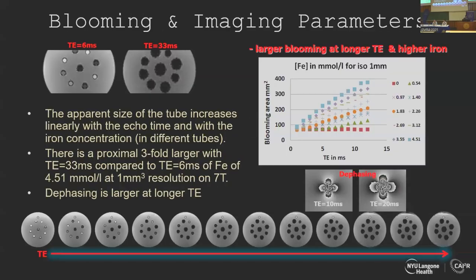We can see here that with longer TE, the blooming effect is bigger. Compared with the TE of 6 milliseconds, the TE of 33 milliseconds has a 3 to 4 times larger size. Of course, with longer TE, we can see at the bottom that the signal to noise is also decreased. This is the downside of longer TE.